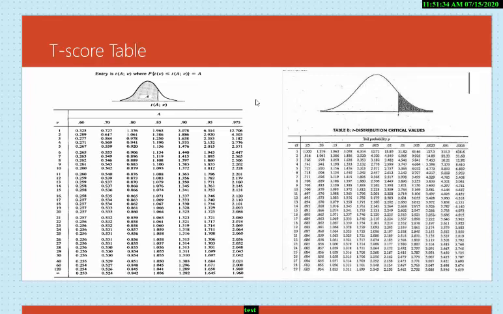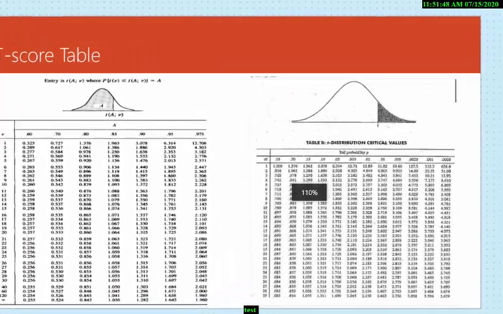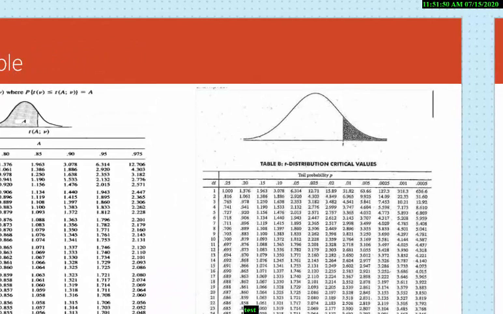This is what you should think. But we're taking only one column of them, and that's it. So we try to approximate again. We are not going to be very exact in our calculations when using a T-score table.